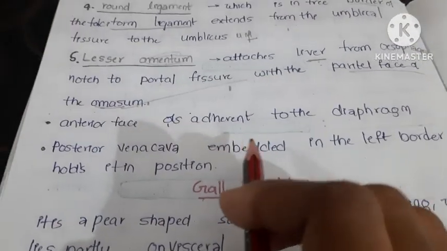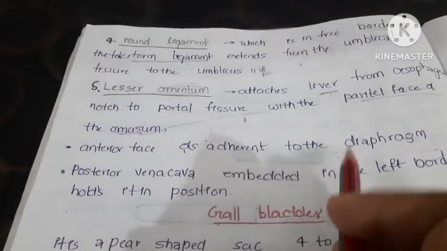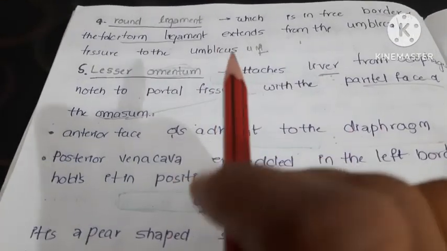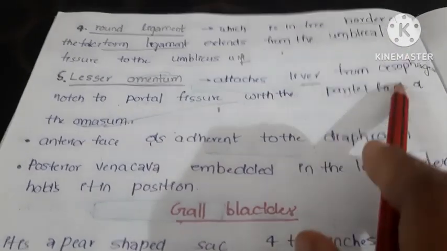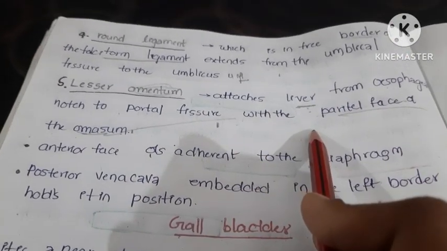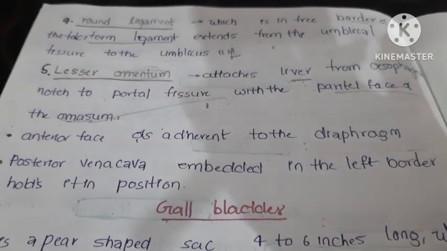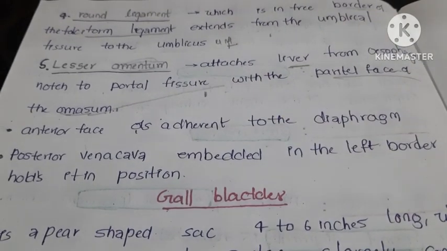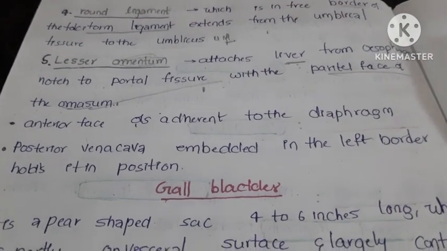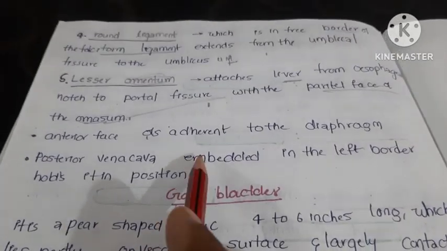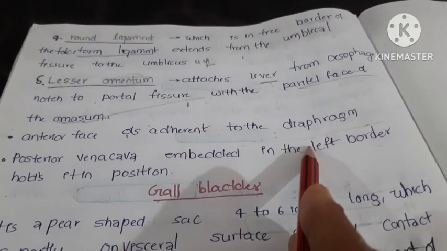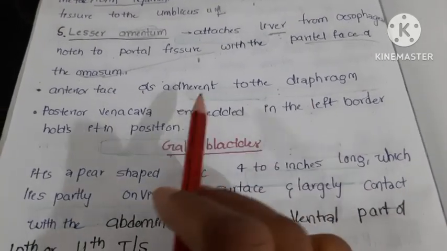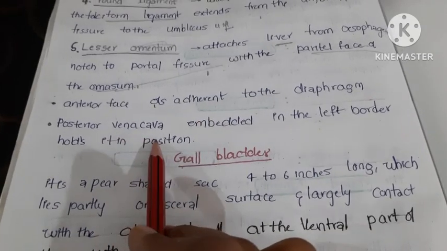And the anterior face is adherent to the diaphragm. Lesser omentum's anterior face is adherent to the diaphragm. So the lesser omentum is attached to the liver from the esophageal notch to the portal fissure, and it is in contact with the parietal surface of the omasum, and the anterior face is adherent to the diaphragm, and the posterior vena cava is embedded in the left border, holding it in position.